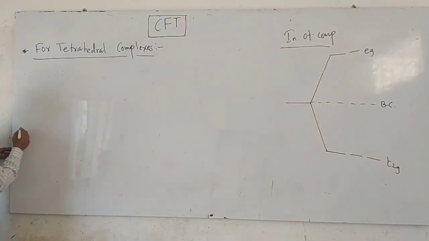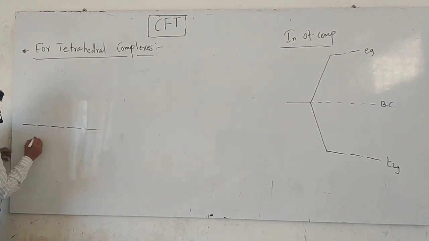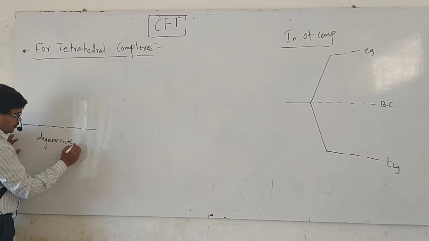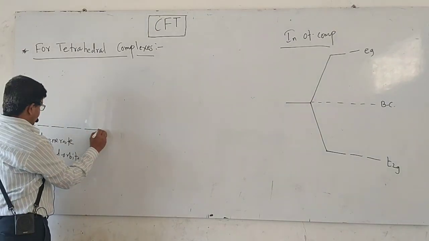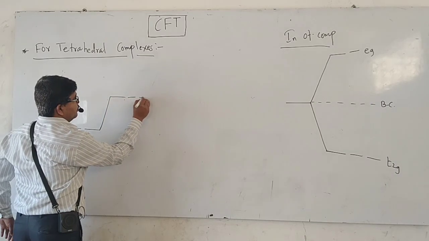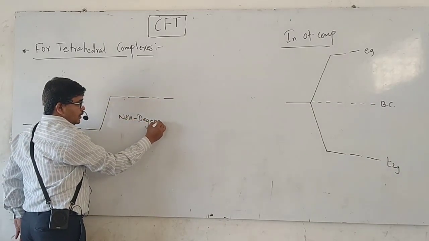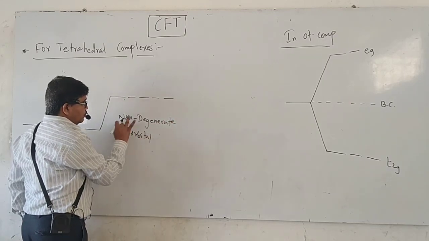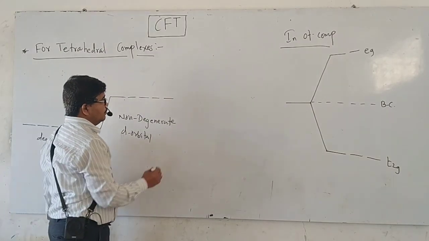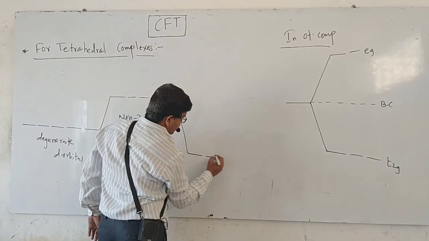So, consider this is the degenerate d orbital. Next to the degenerate d orbital, there will be the non-degenerate d orbital. Now, this non-degenerate d orbital will split into two, that is T2g and Eg.